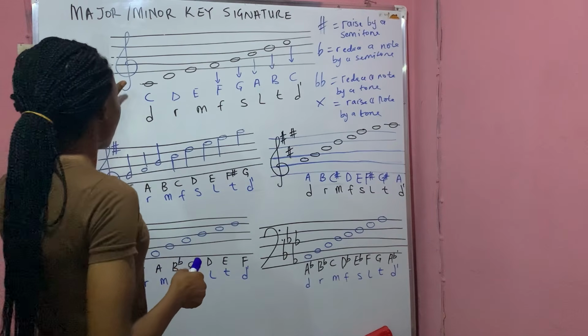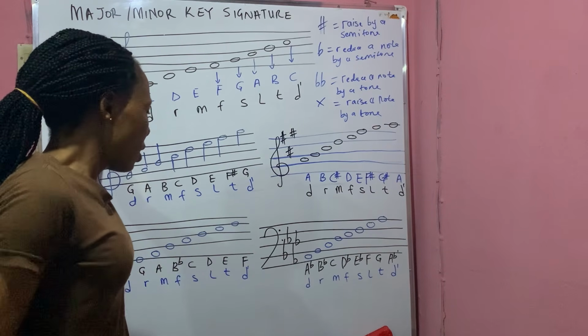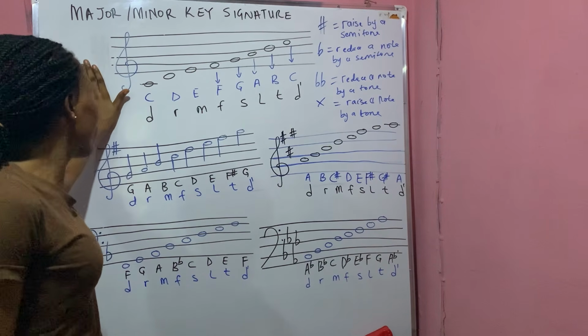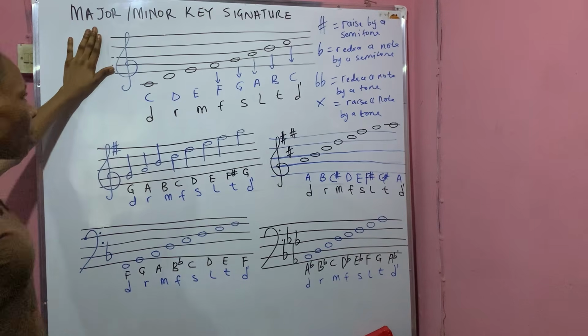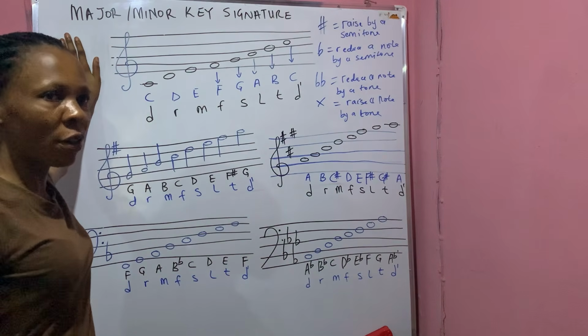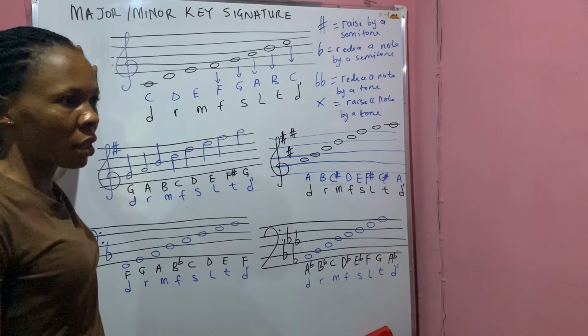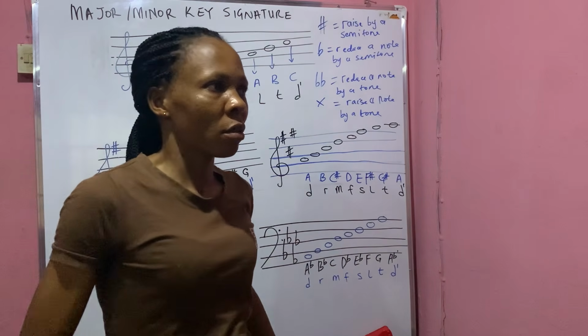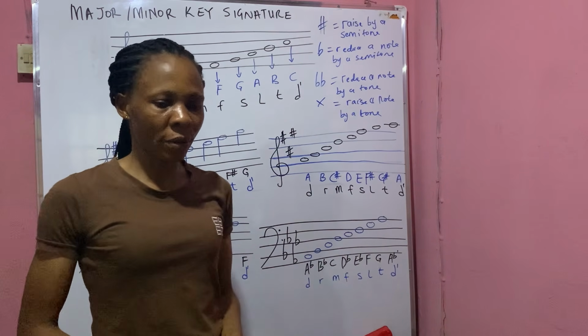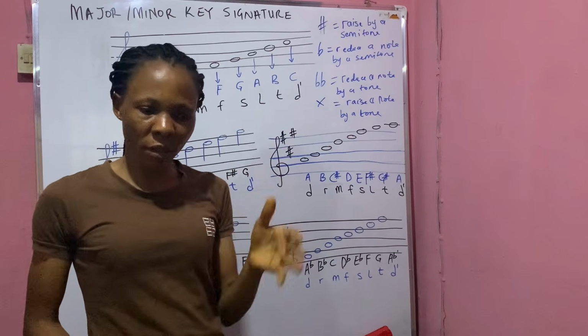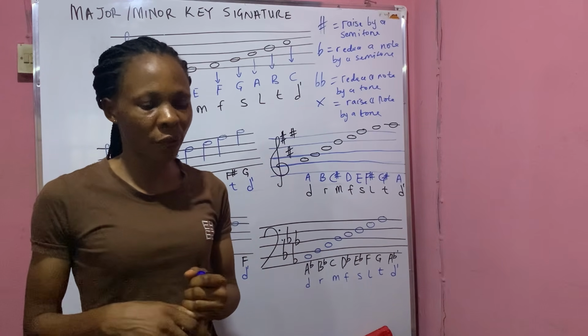All right, so we start with C. In the key of C major, the relative minor of C is A minor. A minor. Okay, let's talk about the technical names first.